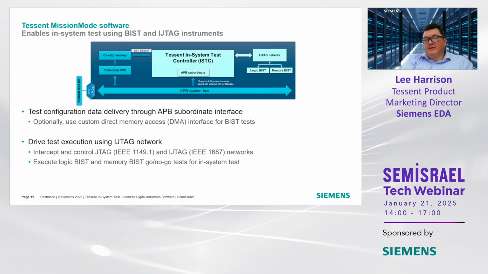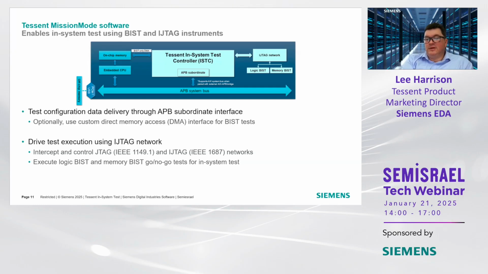The configuration data can be changed, uploaded, and controlled via an APB subordinate bus. So your in-system test controller MissionMode will sit on an APB bus infrastructure, so that you can use an embedded CPU to deliver the configuration content for your various test structures.